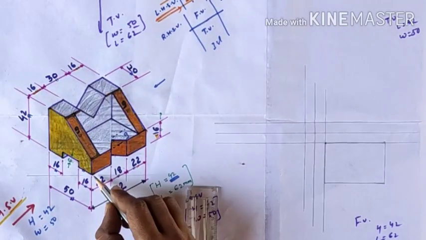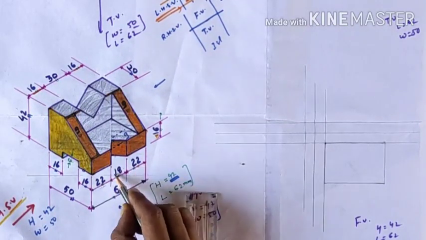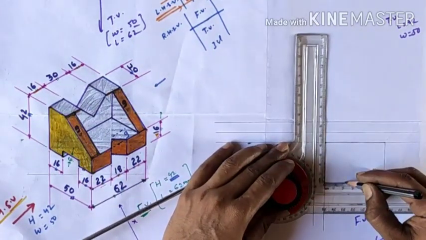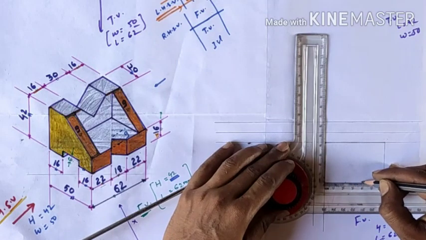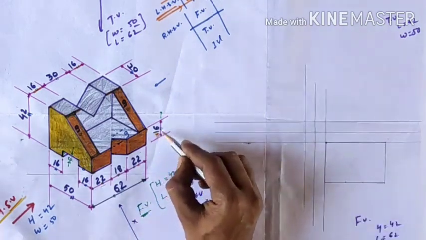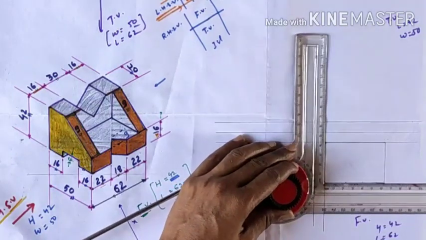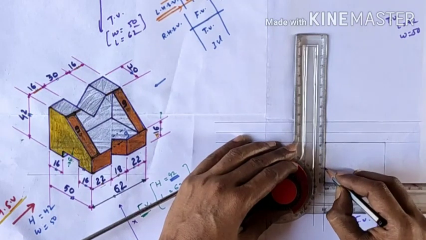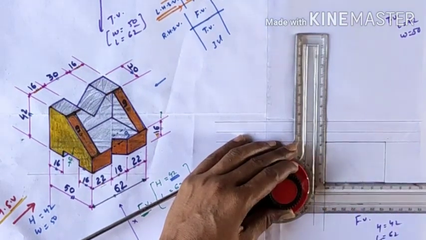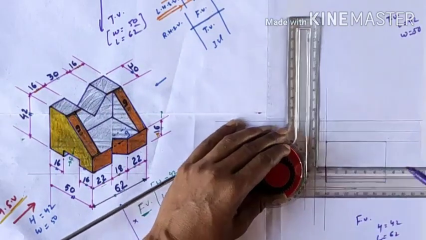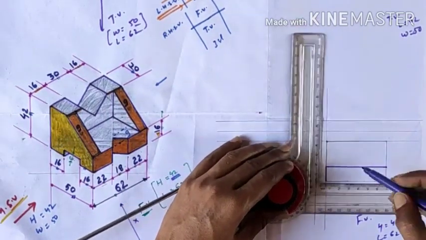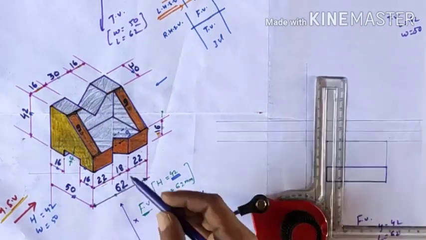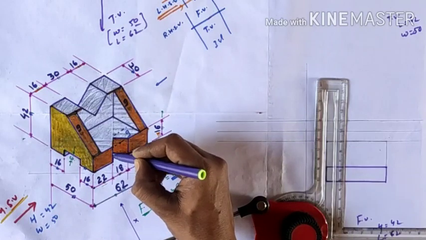Now we start the dimensions. Here 22 and 18. So 22 from here, again 22 from here, and the remaining is 18. Now the height is 16. Firstly we take the height 16, and using a dark line, draw this. You can see this 22 line division goes upward.